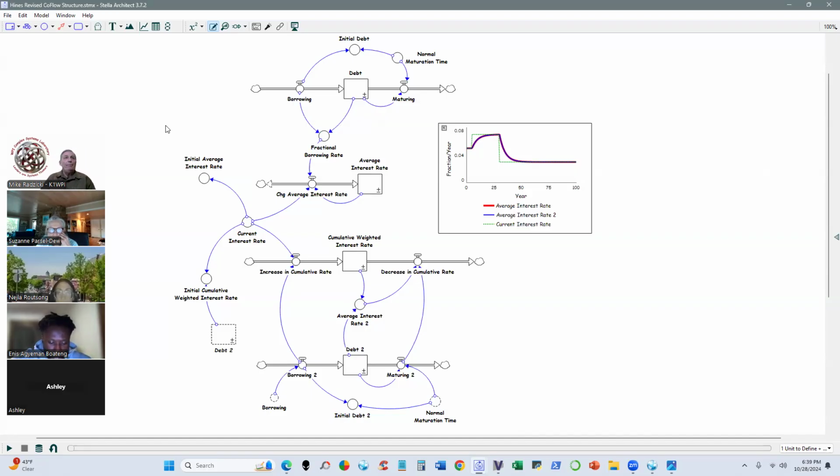I suppose, yeah. And so the debt at the very top, debt 1, which is in Hines's model, is an aggregate debt. Because if you had one house, for example, that had $50,000 worth of debt at 3%, and then another house that had $100,000 worth of debt at 7%, and a third house at $125,000 at 5%, it makes a difference what the percentage is associated with the amount of debt.